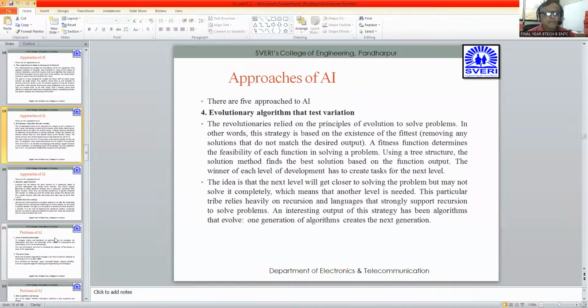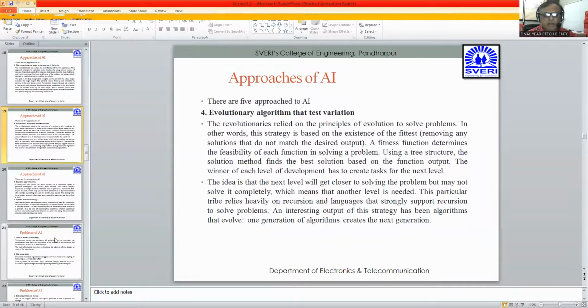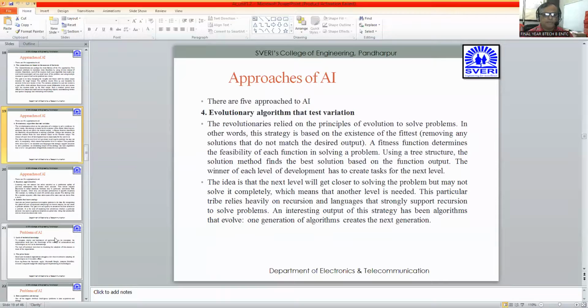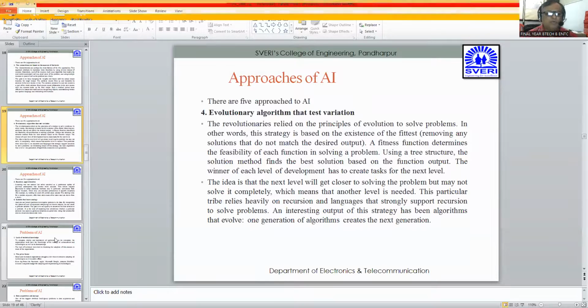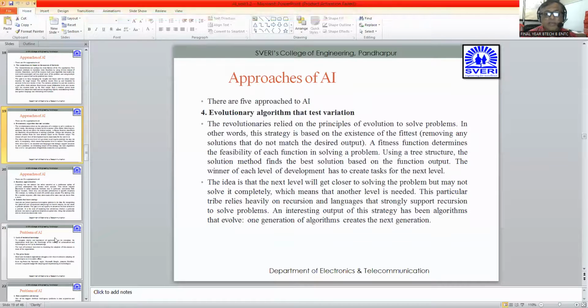This particular tribe relies heavily on recursion and languages that strongly support recursion to solve problems. So obviously the main ultimate aim is to solve the problems. An interesting output of this strategy has been algorithms that evolve. One generation of algorithms creates the next generation. Likewise, one neuron gives the task to the next neuron and then gives it to the output.